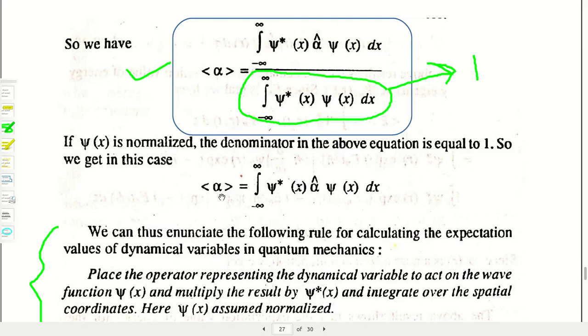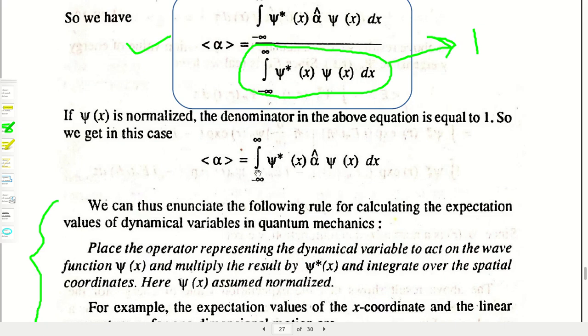If you know that dynamical variable, you will surely know from quantum mechanics the operator form of that dynamical variable. So first operate that operator on the wave function. You will get a scalar number and multiply that scalar number with the psi star, which is another scalar part, and then integrate. This will give you the expectation value of that dynamical variable alpha.